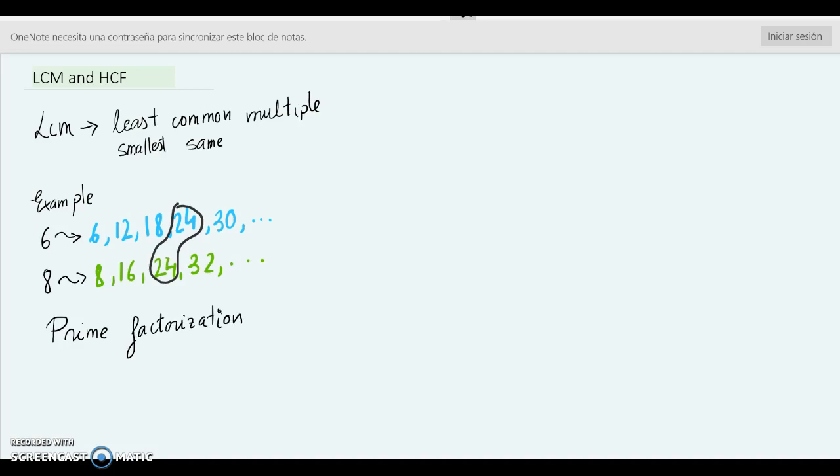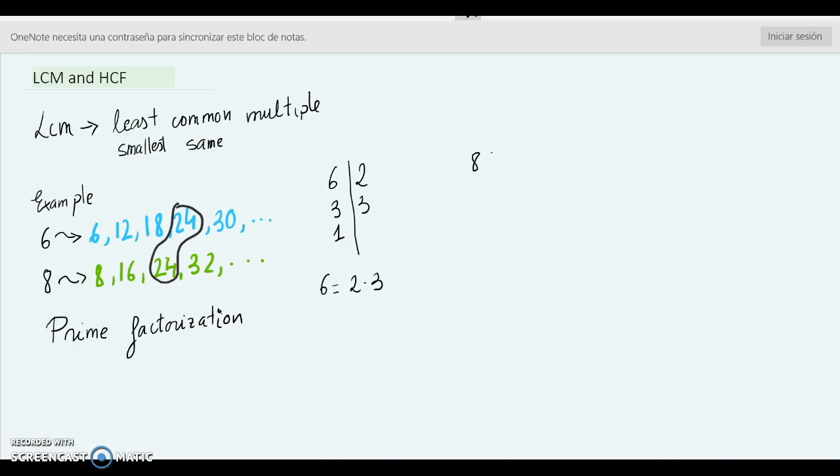As you remember, I have to write the first number, 6, and I start the prime factorization. I can divide by 2, this is 3, 3 can be divided by 3, and the quotient is 1. So 6 is 2 times 3.